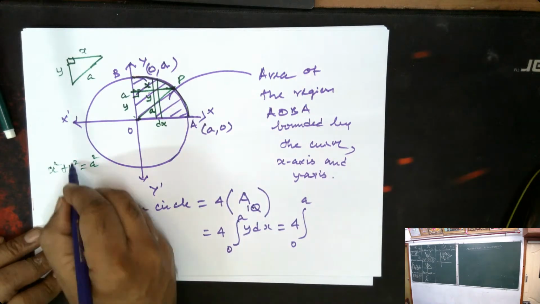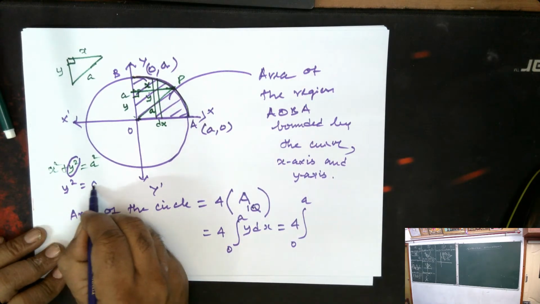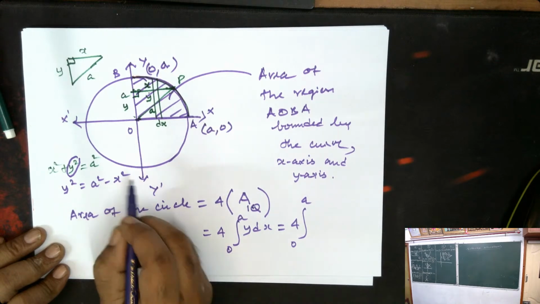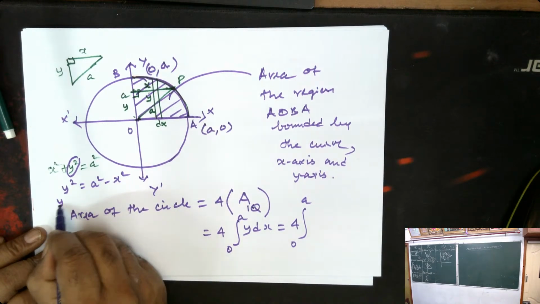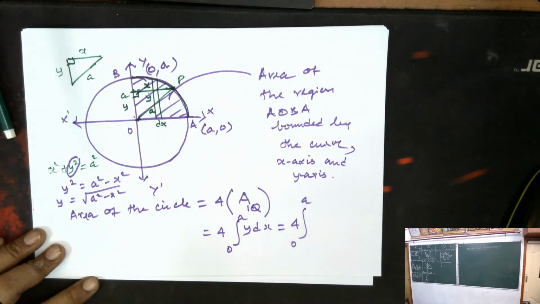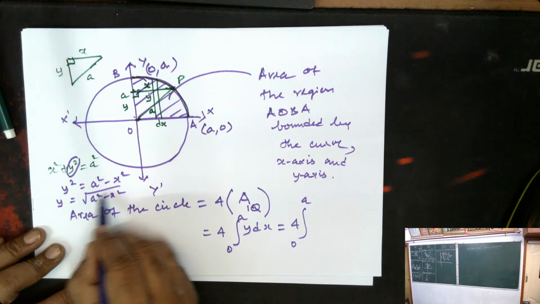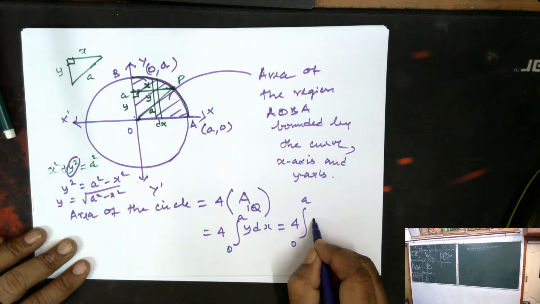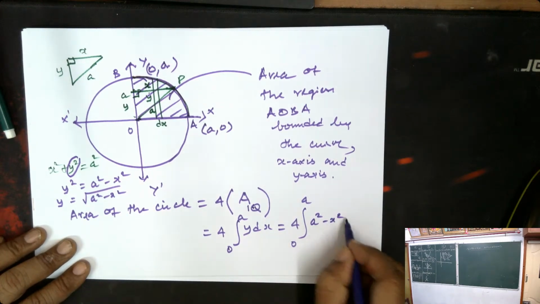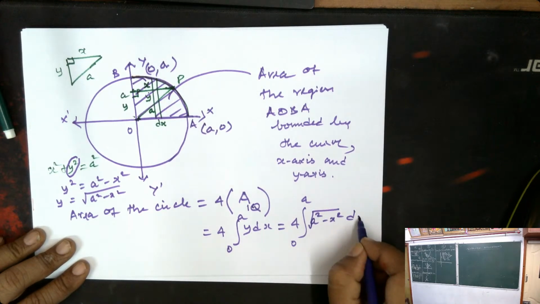Now we are interested in y squared. Therefore, y squared is equal to a squared minus x squared. Therefore, y is equal to the square root of a squared minus x squared. So we can replace this y by the square root of a squared minus x squared, dx.